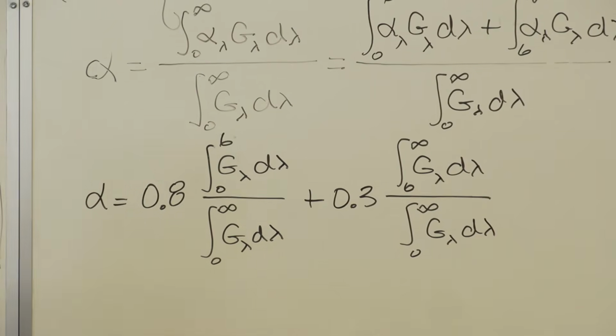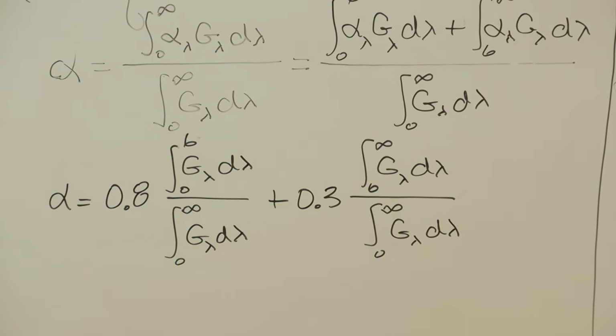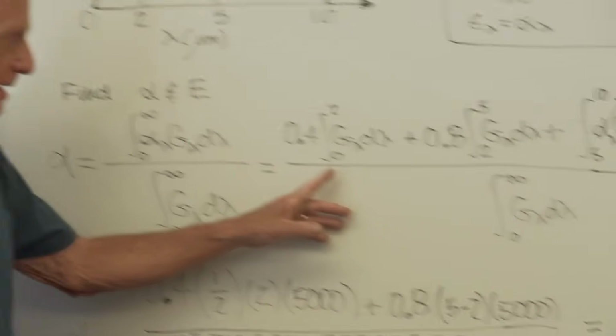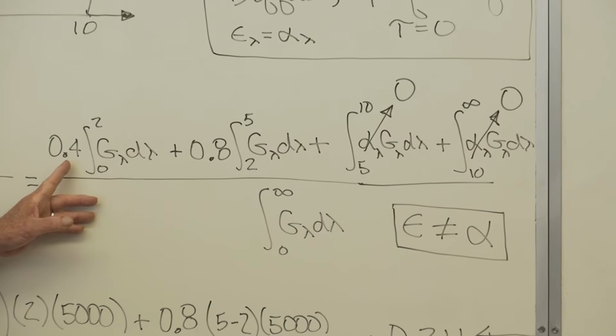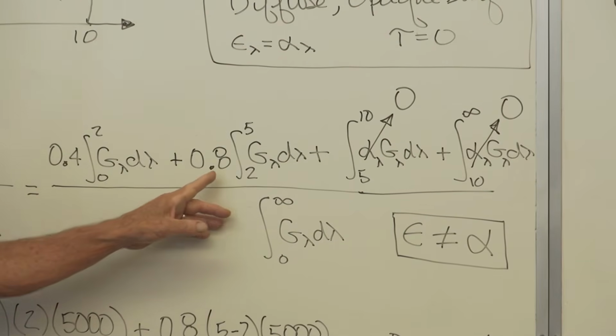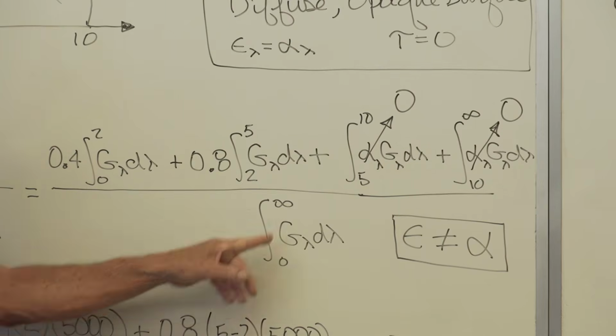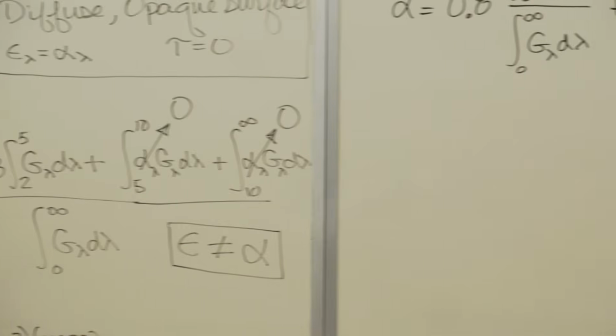Got it. It looks very similar to the previous problem we worked over here. There it is. 4/10 times this, 8/10 times this, divided by that. It looks identical so far.